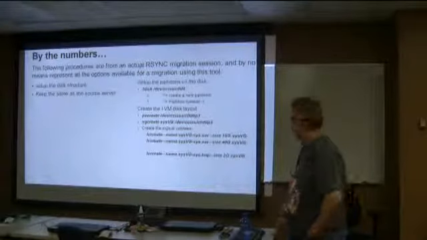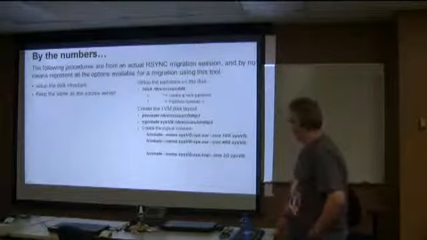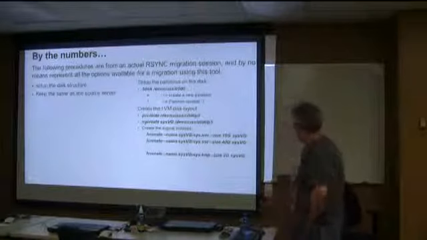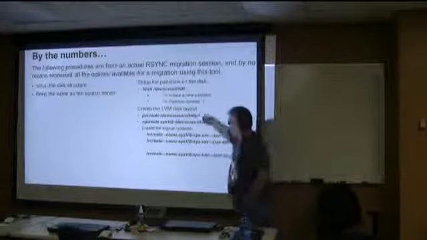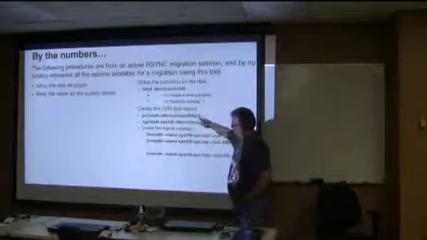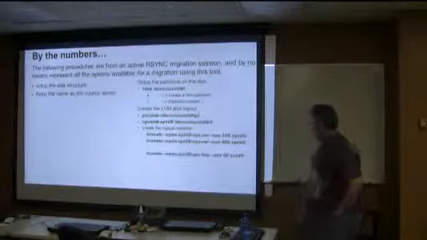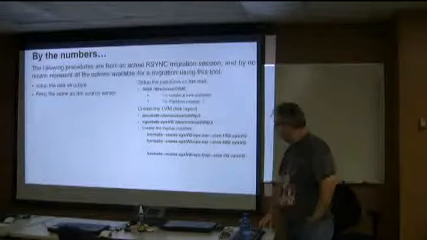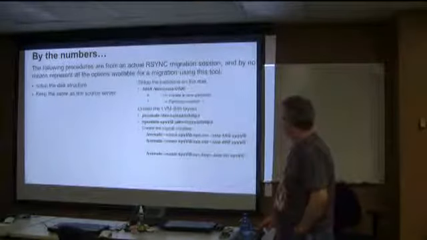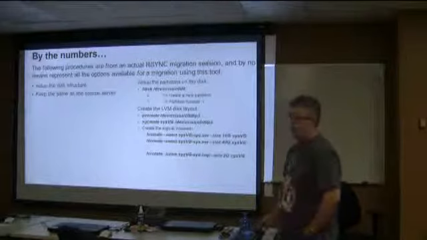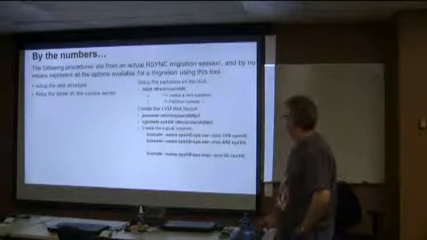We used LVM, Logical Volume Manager, in the target environment. Standard pvcreate, vgcreate, volume group create, and a logical volume for each of the file systems. Root partition was not in LVM.